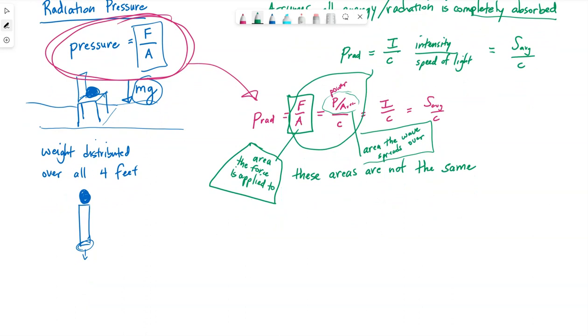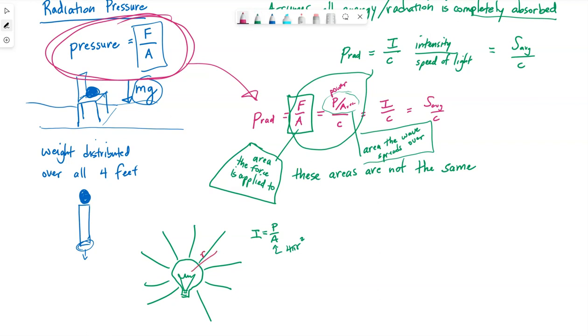So for example, if I go back to a light bulb example, I have a light bulb. I know its light is emitted in all directions uniformly. So the area in the intensity, power per area, this area would be the 4 pi r squared, telling me that any distance r in any direction from the light bulb is going to have the same intensity.